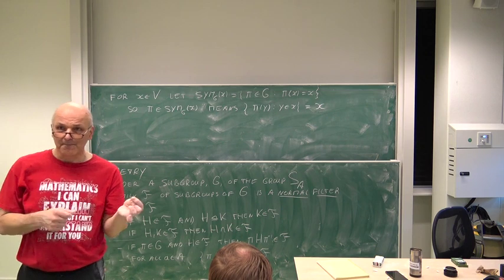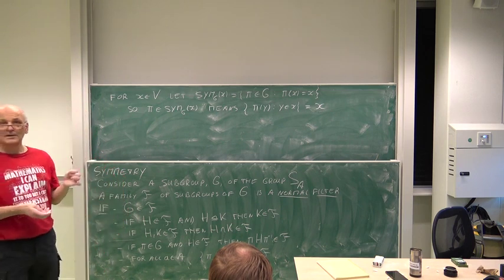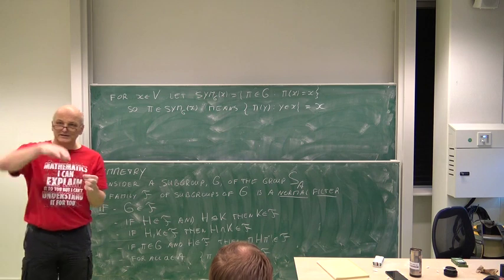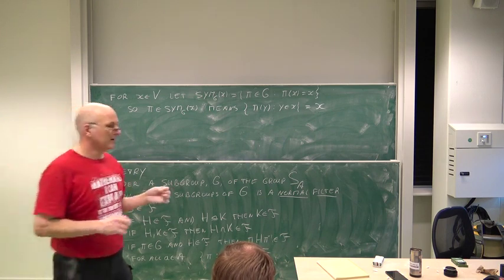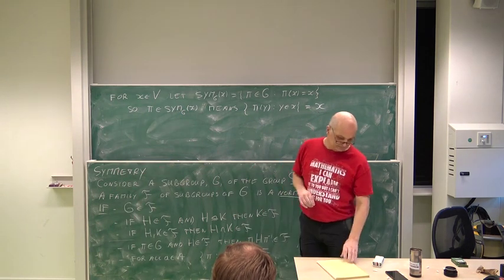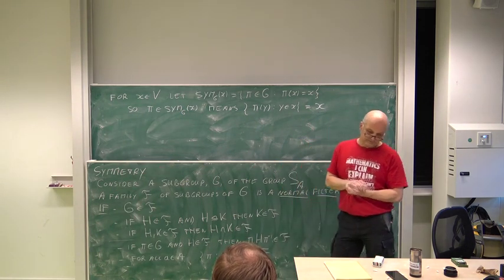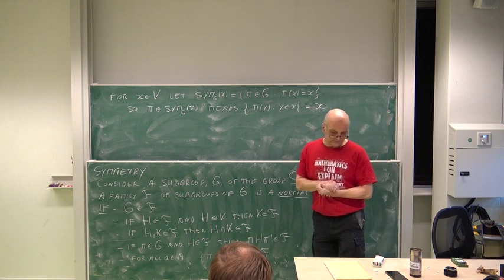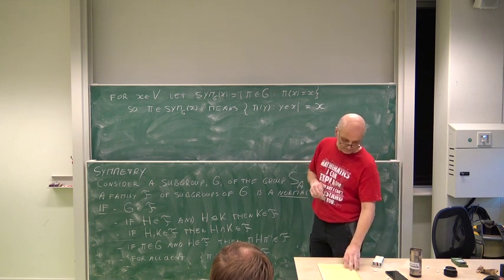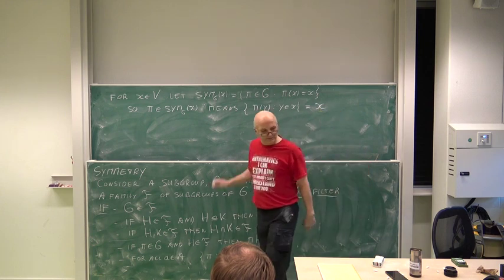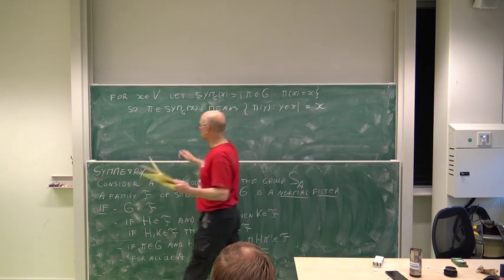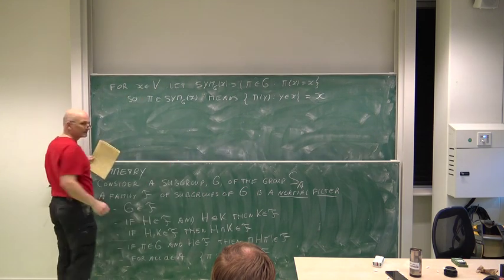Yeah? Just a quick question. V is the entire universe, right? V is the infinite power set operation applied to A. Yeah. So I wrote down in my notes, and it's not difficult.